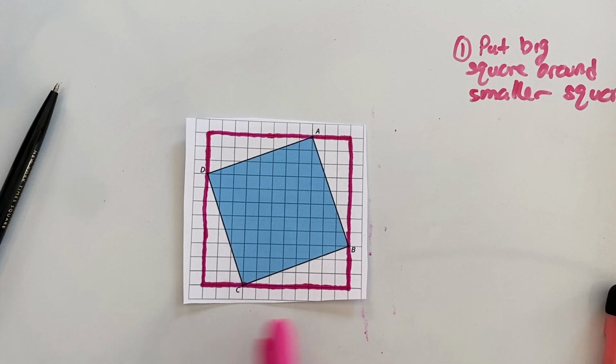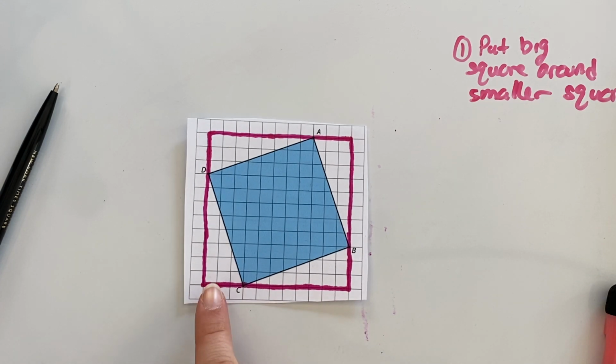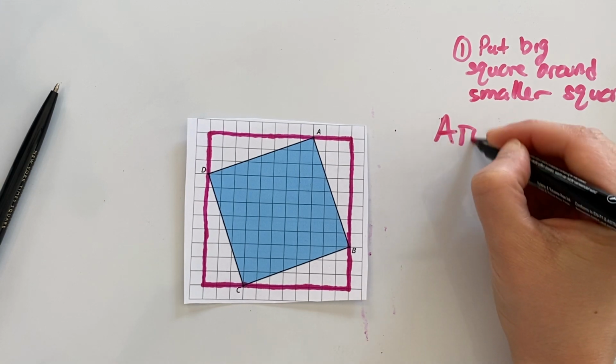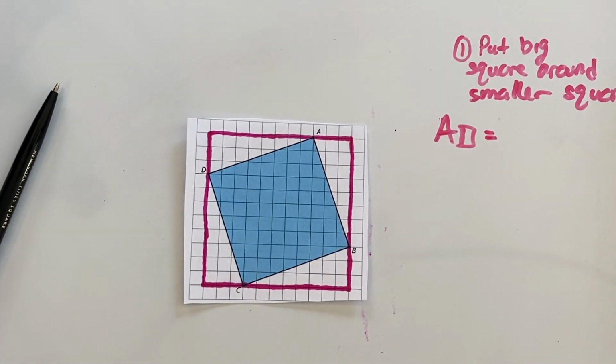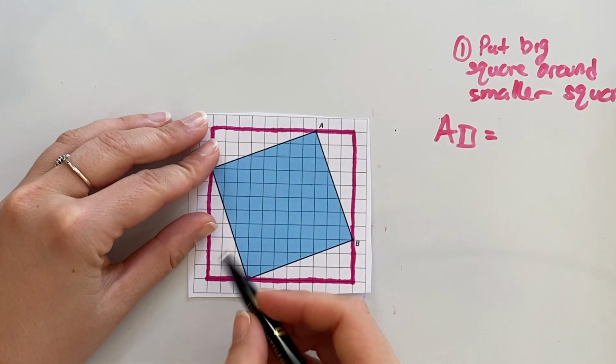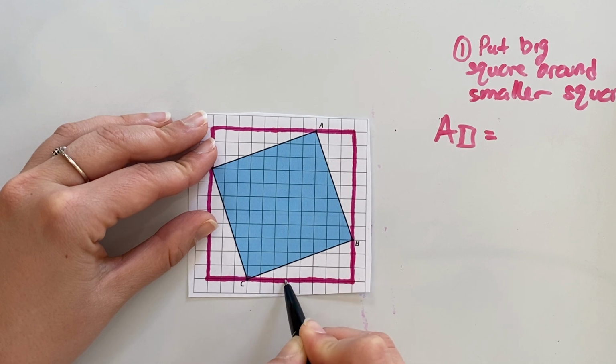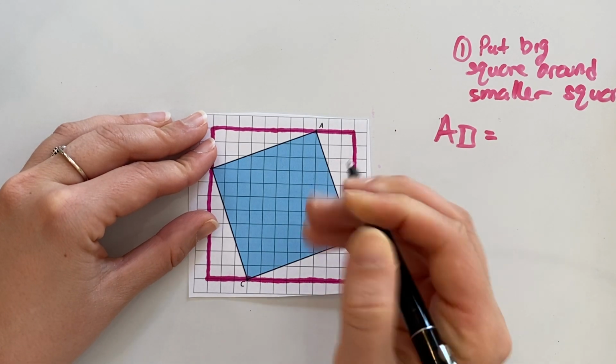All right, look, now I'm able to easily count the base of my bigger square and the height of my bigger square. Since that's pink, I'm going to make it pink. So let's find the area of my big square. Let's find the base here. The base is 1, 2, 3, 4, 5, 6, 7, 8, 9, 10, 11.